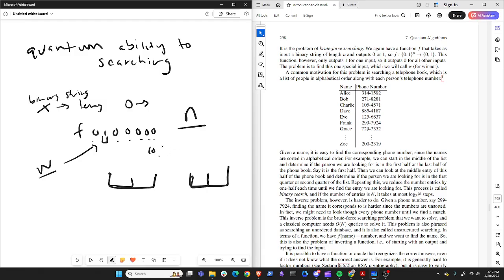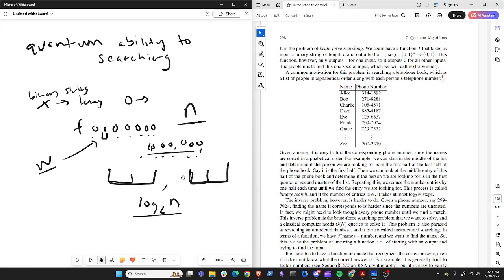If it's a list of 1,000,000 and the element is the millionth element, then going through brute force one by one in sequence, we would have to do it 1,000,000 times. It literally says it right there: log base 2 of n steps to find the element if we use binary search.